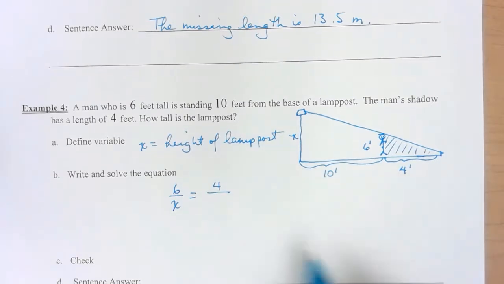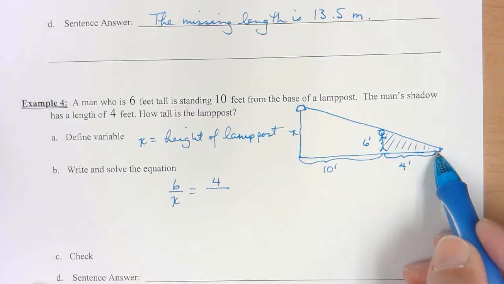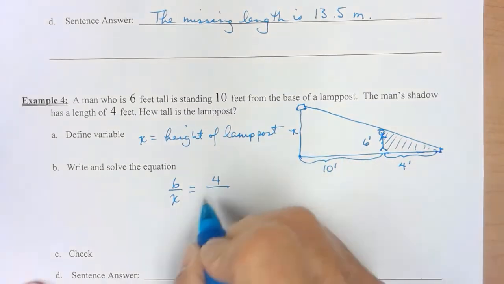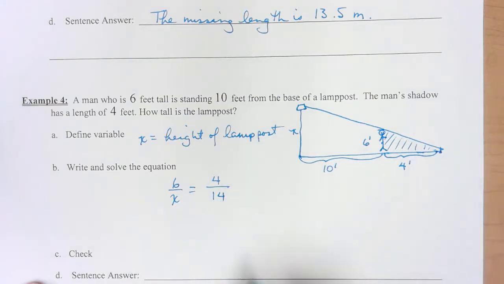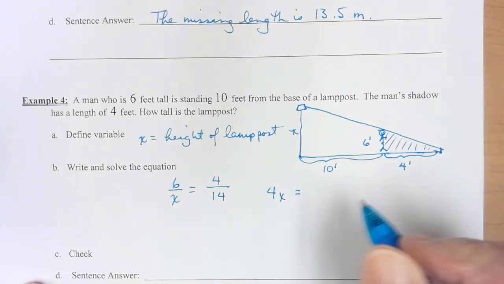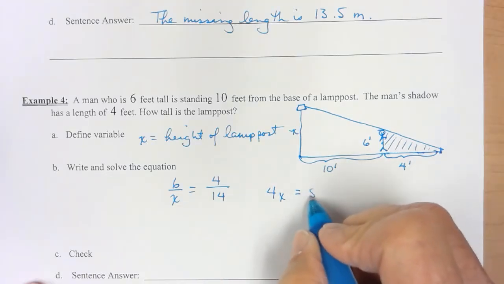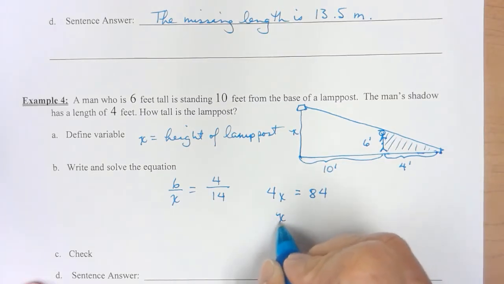Now you got to be careful here. 4 is the whole length of this small triangle, but 14 is the length of the big one. So I'm going to cross multiply, and 6 times 14, 84, divide by 4.